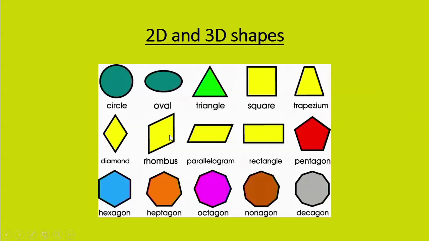Both the square and the rhombus have 4 sides that are all equal, but the difference between the square and the rhombus are the angles of those shapes. So I have to know all the properties of my shapes. Why is it a hexagon? Because it has 1, 2, 3, 4, 5, 6 sides. So I should know the properties of my shapes.